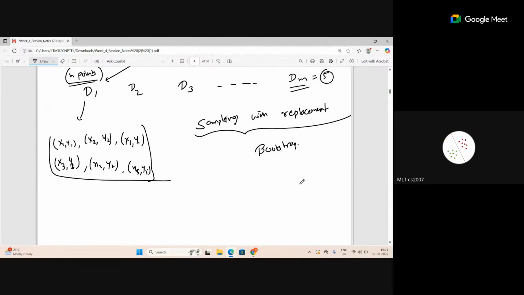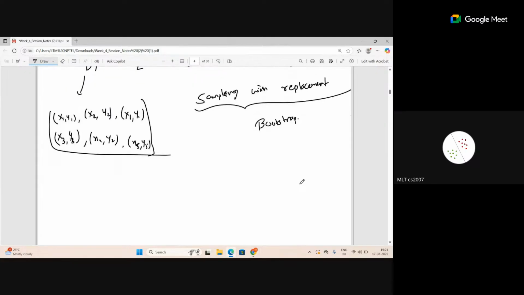But what is the chance of each point repeating? Let's say you have n points in a data set, and you are picking randomly, so it is uniform. What is the chance that x1 is chosen randomly from n data points? It is 1 by n.